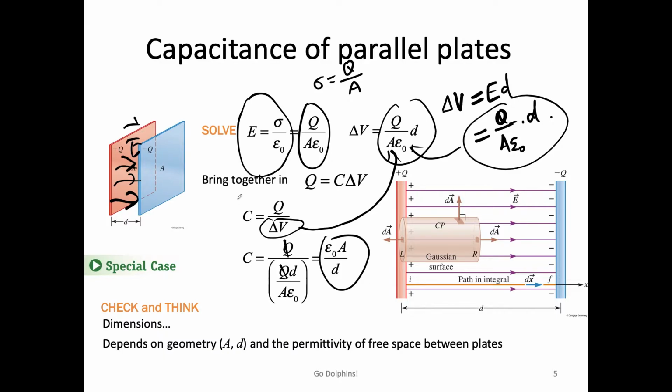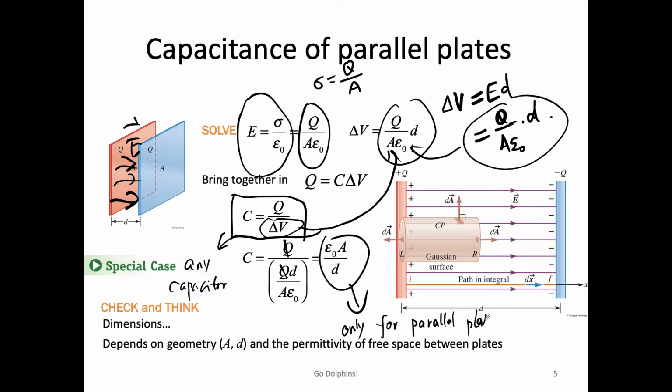Now let me emphasize this equation. C equals Q over V is true for any capacitor. The equation capacitance equals epsilon 0 A over D only applies to a parallel plate capacitor.